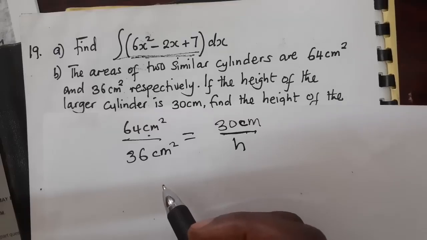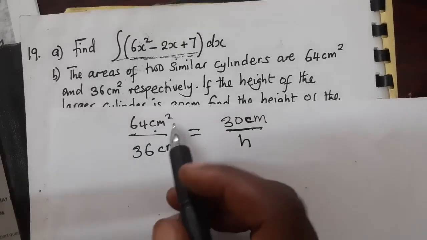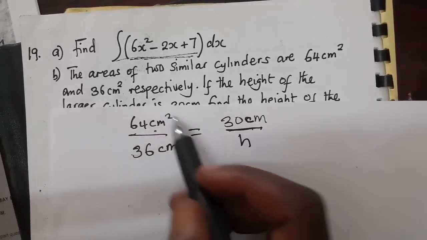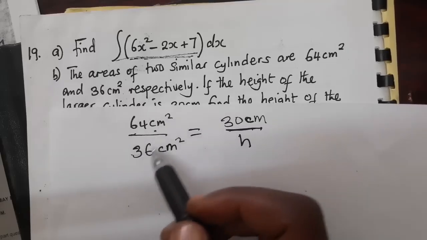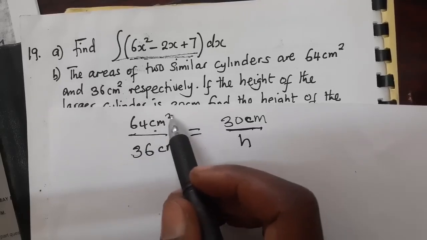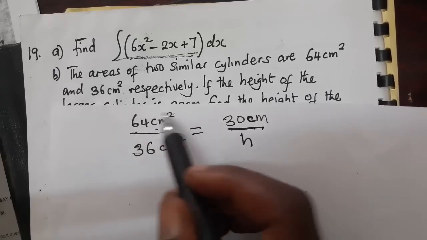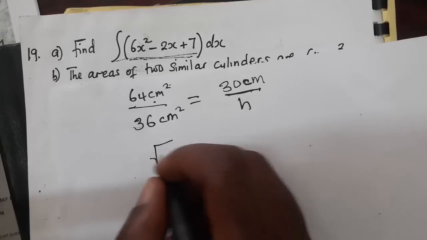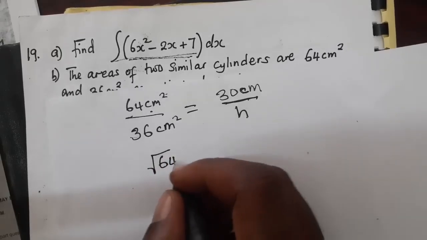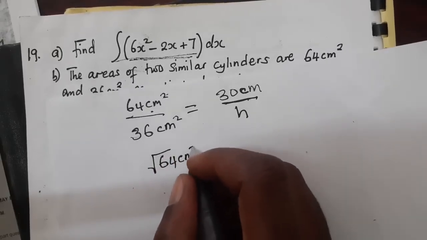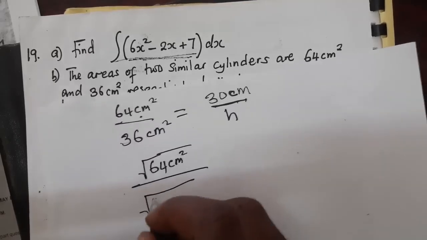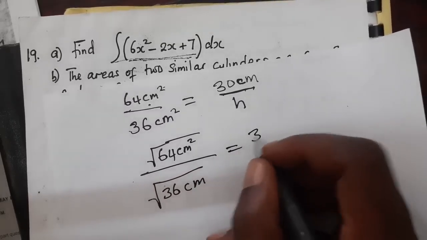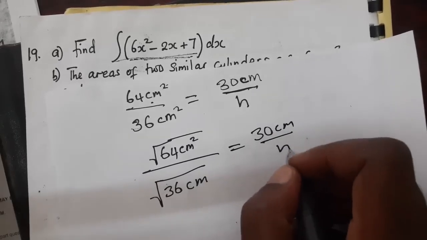At this point, as you can see, we have the squares here, so we can simplify this one by taking the square roots only, because we need to have uniform units.